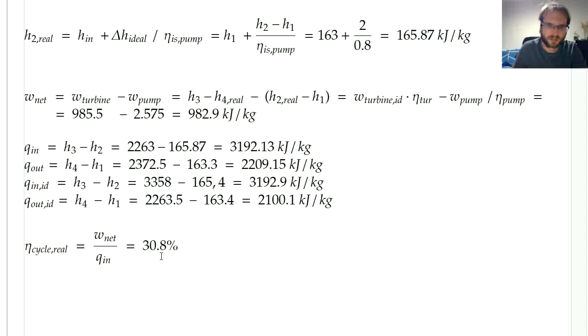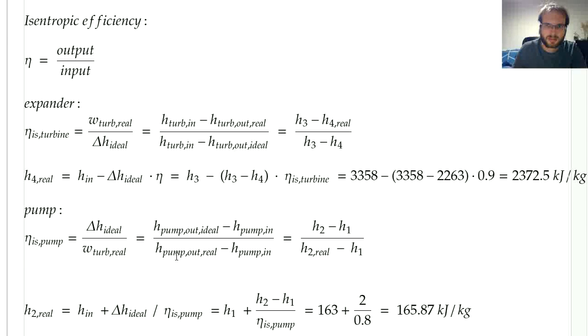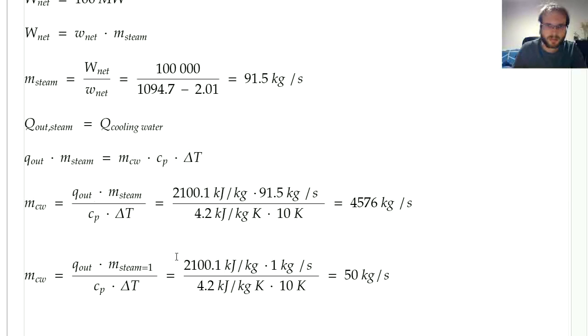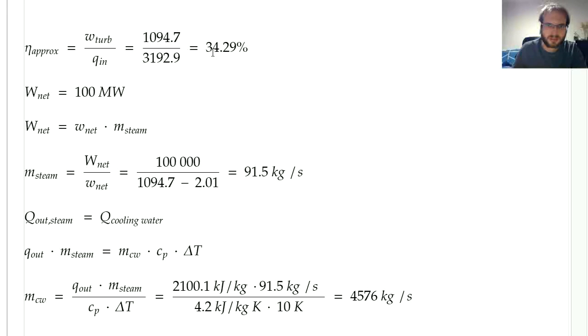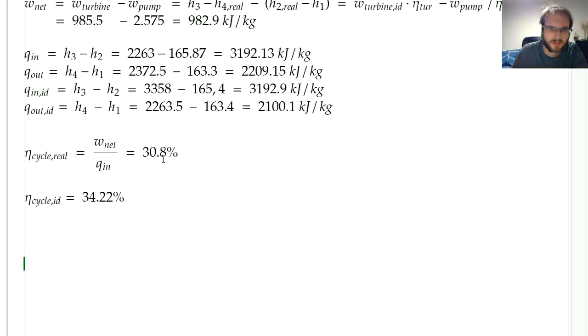So we can see that the effect of real turbine and pump efficiency, where 90% for the turbine can still be considered rather optimistic, decreased our efficiency from more than 34% to almost 31%.